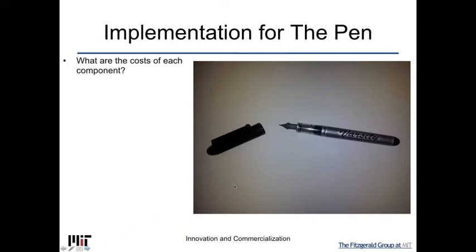Cost. In market application, we talked about price and buyer surplus. So what is the price that a product can be sold at for that application, and then how much benefit does the user get above that price to themselves, the buyer surplus.